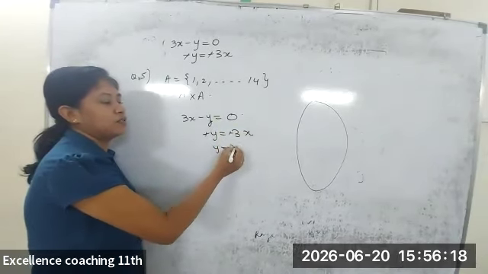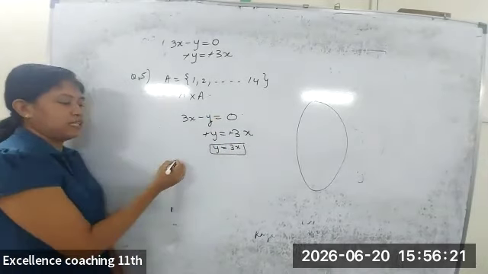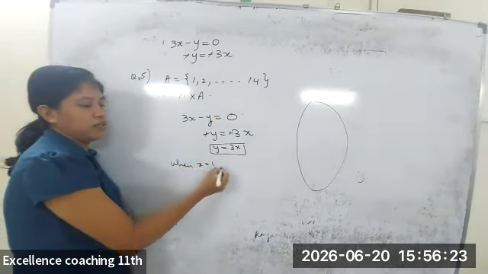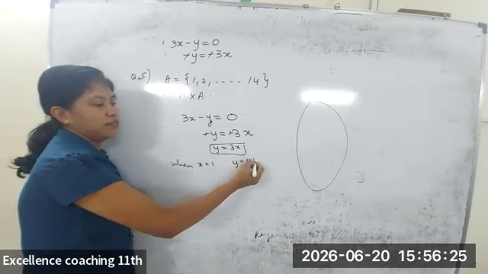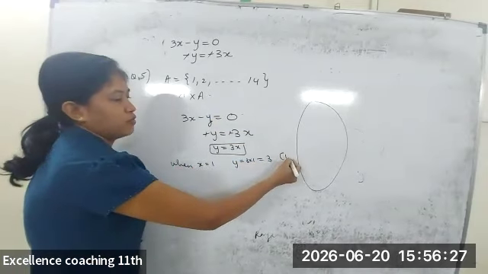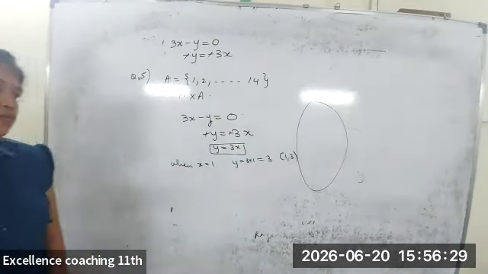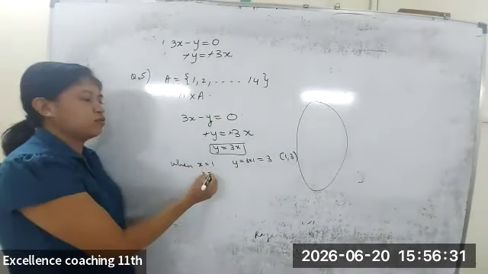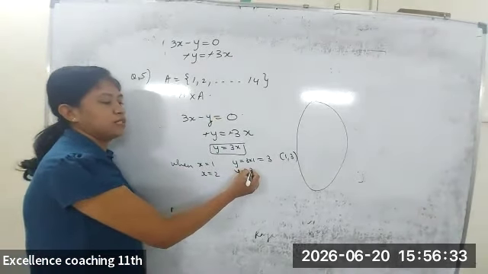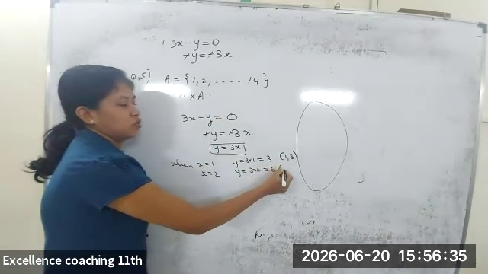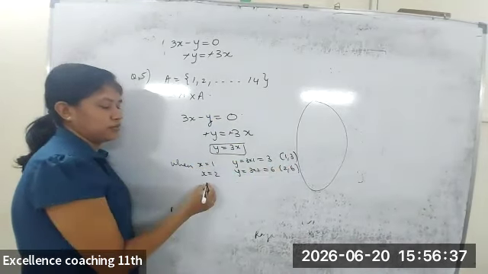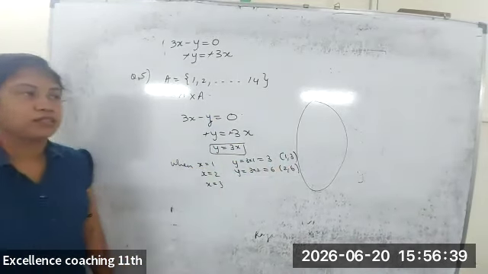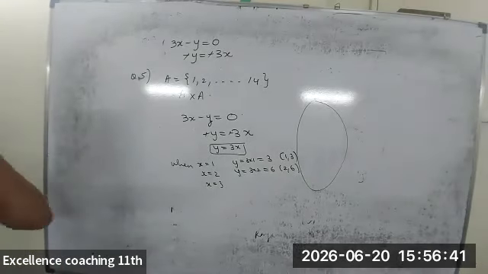So y is 3x. We'll use this. So when x is 1, y is how much? 3. So the first one is 1 comma 3. And when x is 2, y will be 6. So 2 comma 6. Then carry on. You will know when to stop.